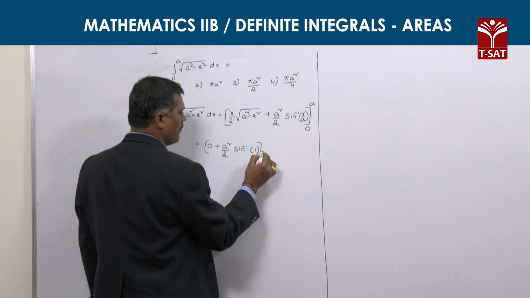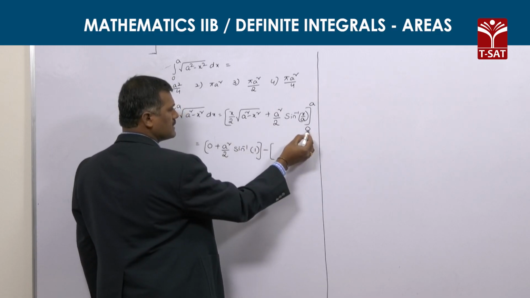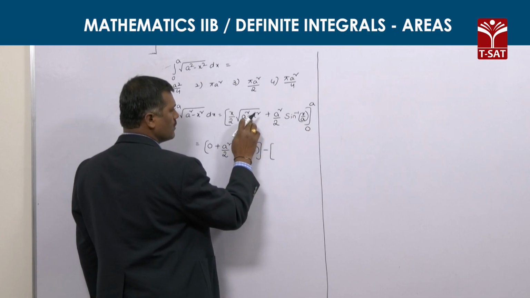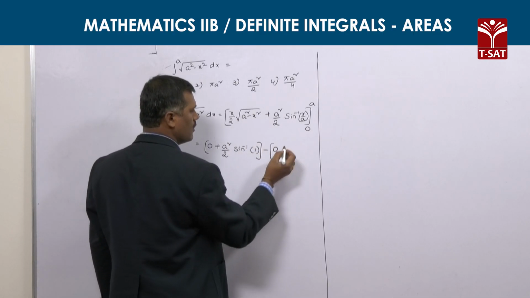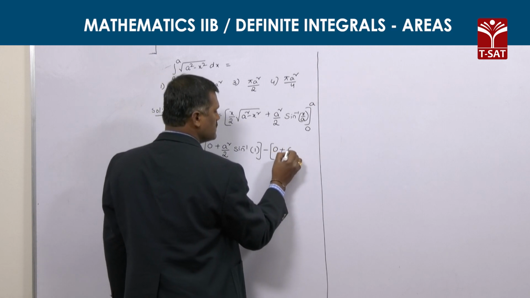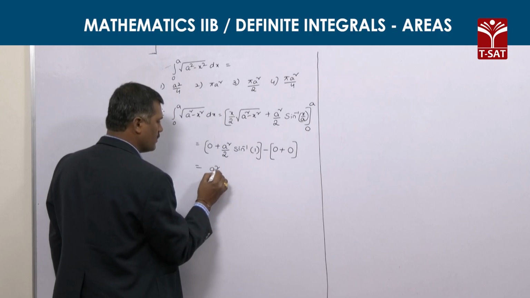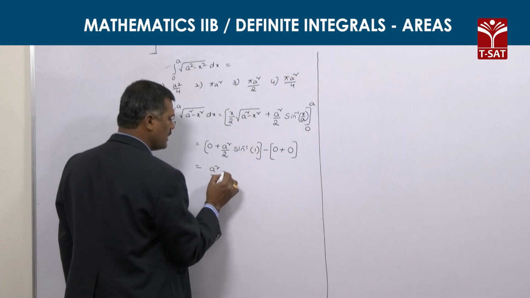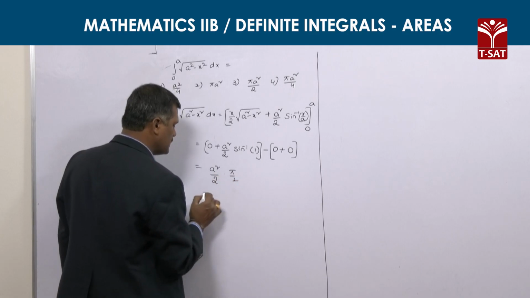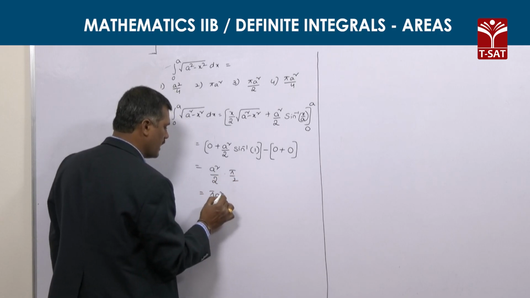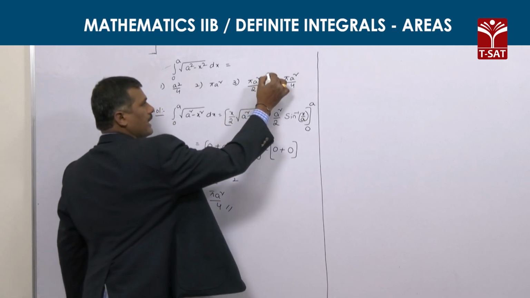Upper limit minus lower limit: in place of x put 0, 0 by 2 into root over a square minus 0 square, and 0 into anything is 0, plus again sin inverse of 0 is 0. That is equal to a square by 2 into sin inverse of 1, sin 90 degrees, that is pi by 2, which equals pi into a square by 4. The fourth is the right option.